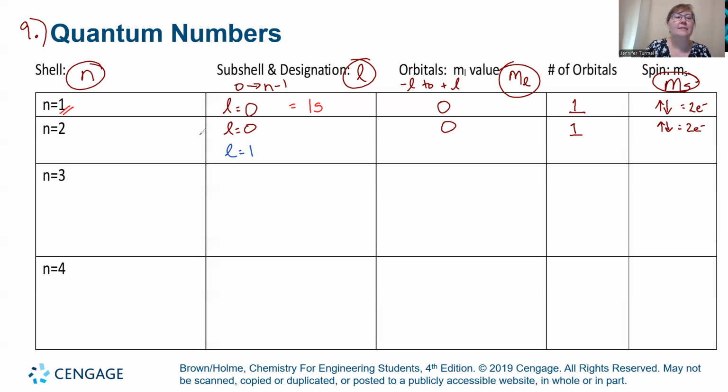Because it's 2 here, this one is 2s and this one is 2p. That means that our m sub l value here is negative 1, 0, and 1, so we have 3 orbitals. So we could have one set of electrons and one set of electrons and another set of electrons, for 6 electrons.